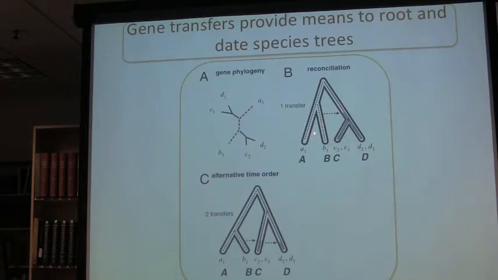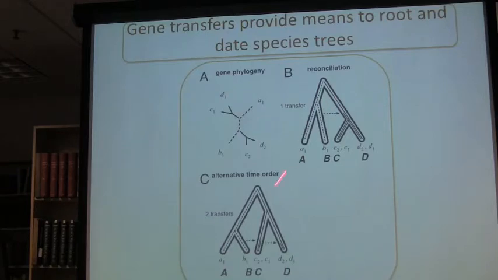And if we have two different competing species trees, so this one where this node is older than that node, and this one where it's the reverse, this node is younger than that node, then to try to explain this particular gene phylogeny given this species tree, we need to assume that there was one transfer event under this species tree, whereas if we have this configuration with this node younger than this one, we need to assume that there have been at least two transfers.